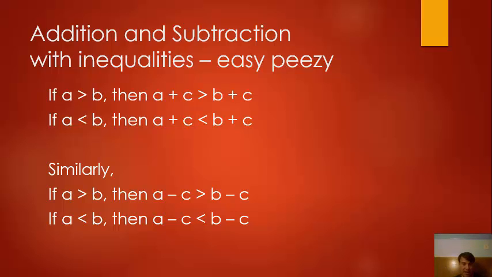Or if it's less than, a is less than b, if you add the same thing to both sides, it's still going to be a plus c is less than b plus c. Same thing if you subtract. If it starts out greater than, then after you've subtracted the same thing from both sides, it's still going to be greater than. And if you start out with less than, then subtracting the same thing from both sides is going to still end up with them being less than. This makes perfect sense. But if it doesn't to you, don't worry about it. Just remember, the inequality stays the same when you're adding and subtracting.